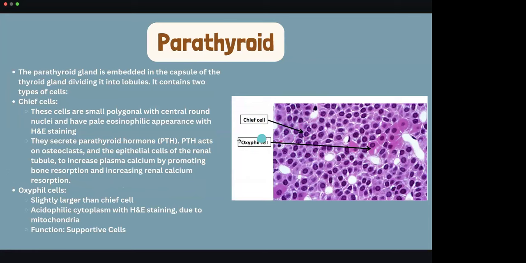The oxyphil cells are supportive cells, while the chief cells produce the parathyroid hormone. I don't think you need to know much about the parathyroid hormone, as it will be mentioned again in MSK, and I don't think they'll ask you much about it. But just so you know, it increases renal calcium resorption and promotes bone resorption.